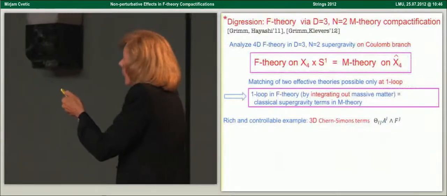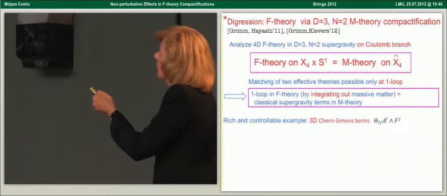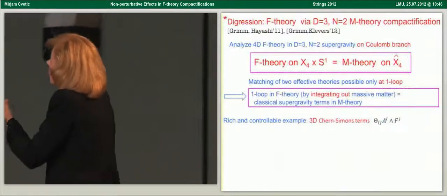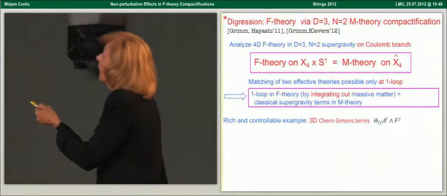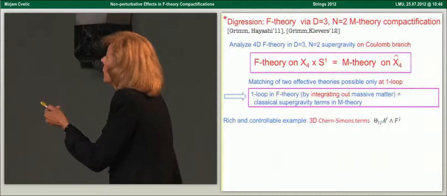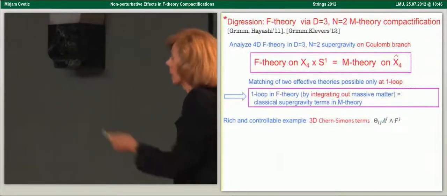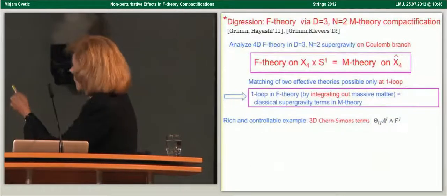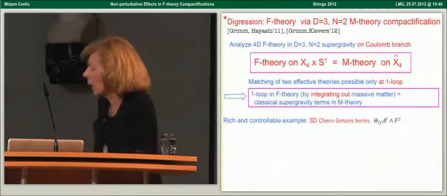Since on the M-theory side we have supergravity techniques, we can match the calculation of the action on the M-theory side directly to the effective F-theory action, but the match is subtler because classical results are related to effects in F-theory at the whole one-loop level.